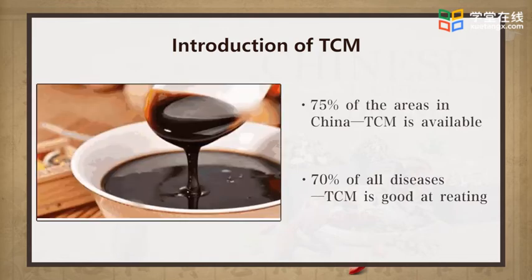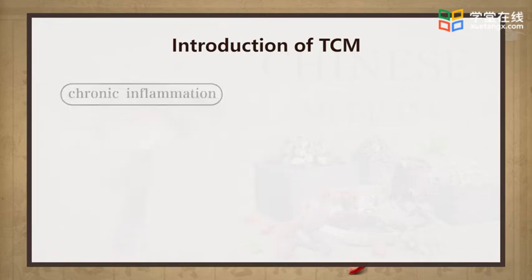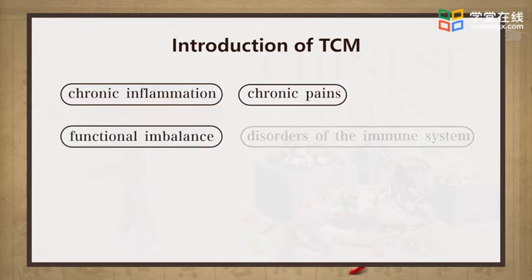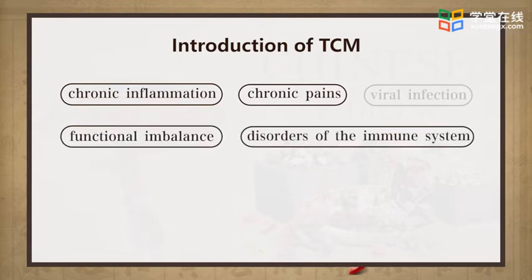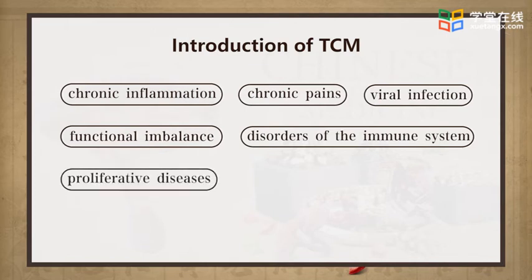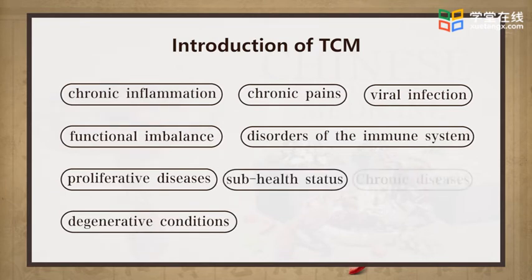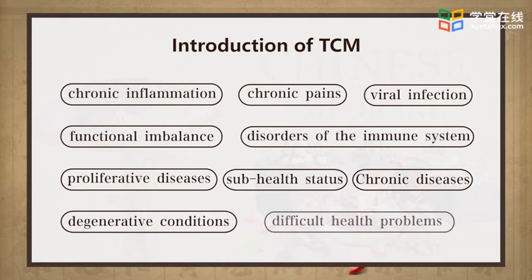TCM has been very effective in the treatment of diseases such as chronic inflammation, chronic pains, functional imbalance, disorders of the immune system, viral infection, proliferative disease, degenerative conditions, as well as sub-health states, and various chronic and difficult health problems, etc. Scientific research and clinical experiments in TCM are continuously progressing.